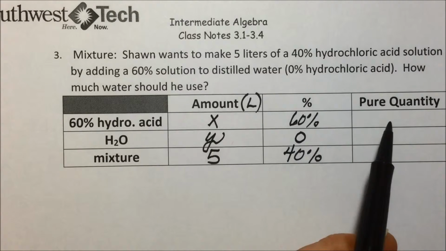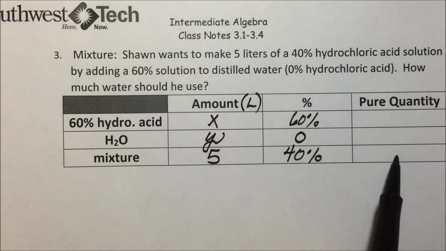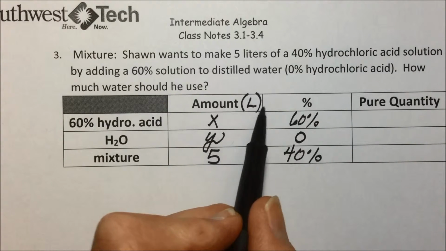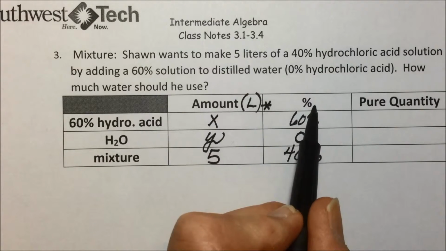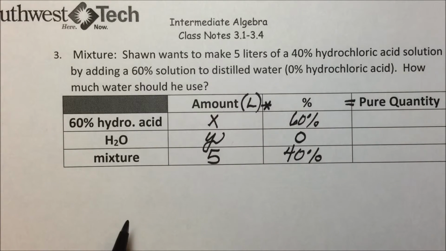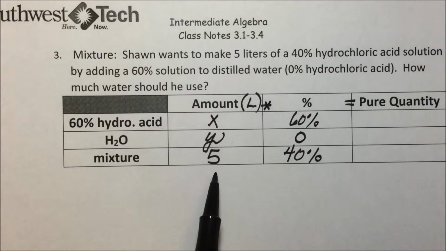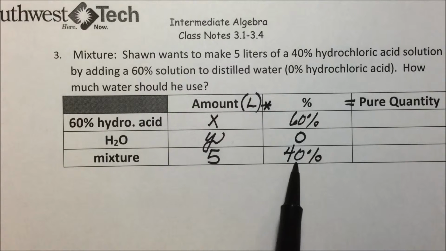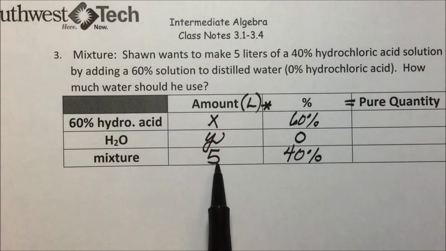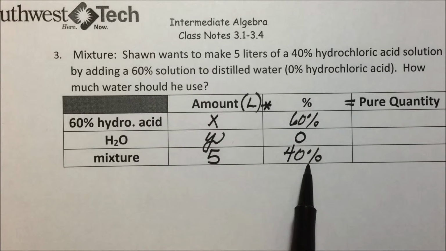Now, to fill out the rest of the table, we have an amount that we can multiply by the percent to give us the pure quantity. And this last line is probably the easiest to help understand that. We have a 5-liter solution at 40% hydrochloric acid.